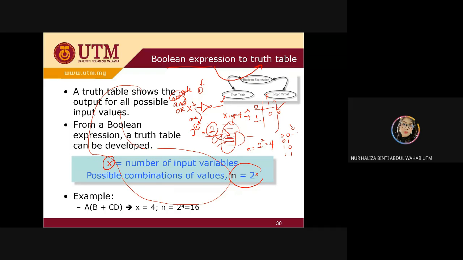This one is referred to 0, this is 1, 2, 3, and continues. So you have 0 until 3 and altogether is 4 possible combinations that you might have for your input.